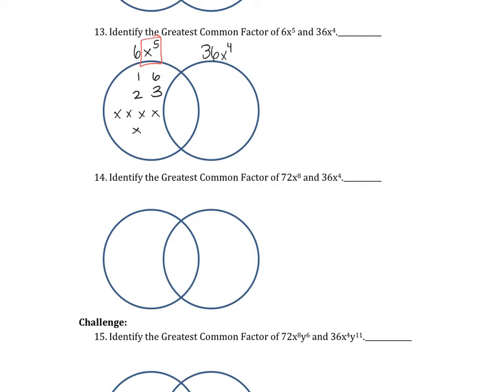Then I'm going to come to the other side. Okay? I always know that 1 and 36 multiply, right? We know that 2 and 18. We know that 3 and 12. And we know 9 and 4.